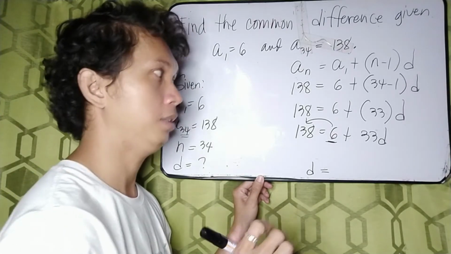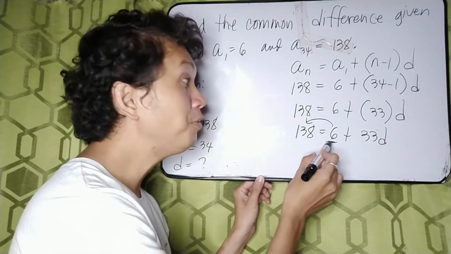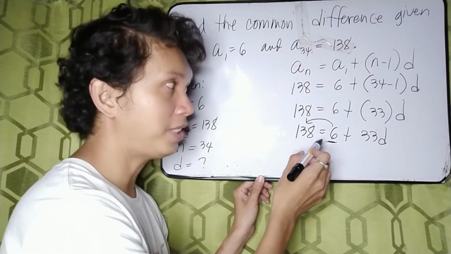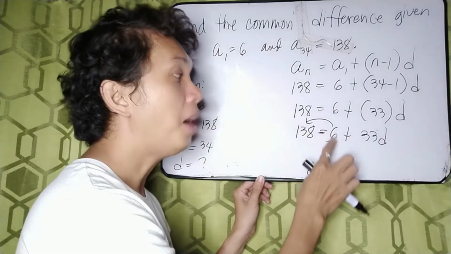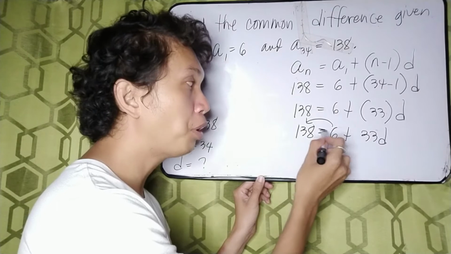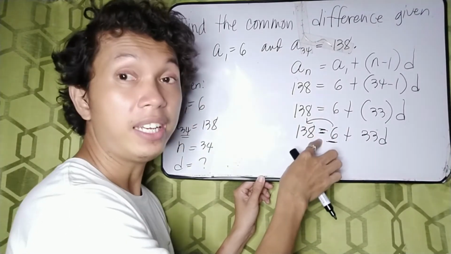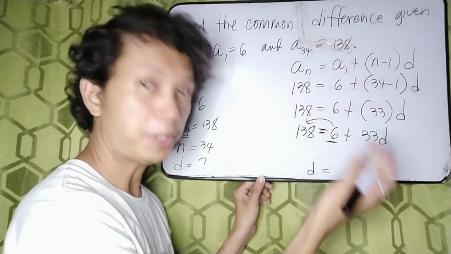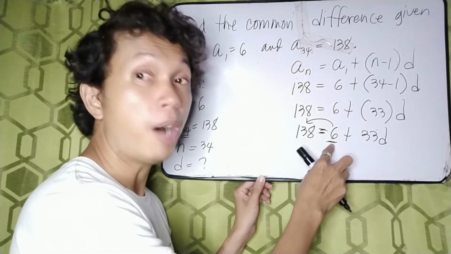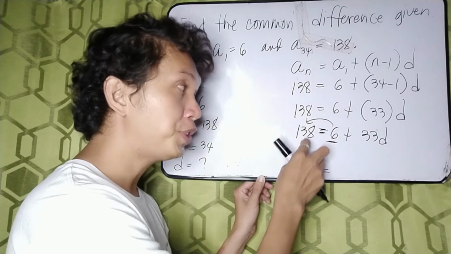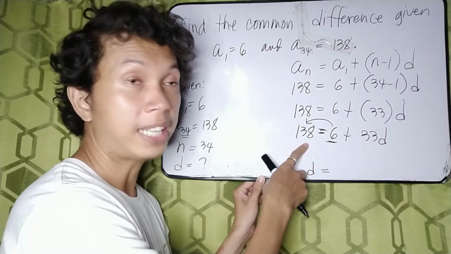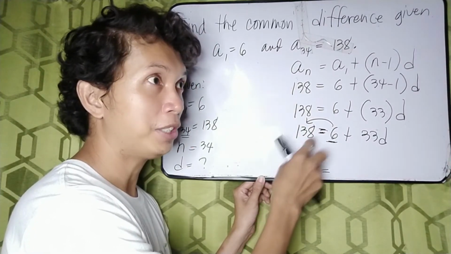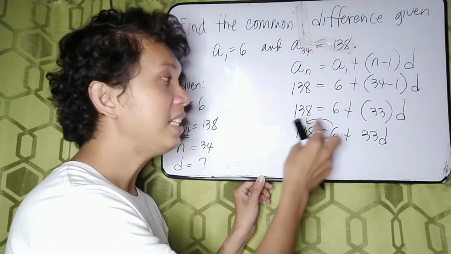Okay, so in transposing, whenever a number crosses the equal sign, its sign will be changed to the opposite. So since 6 is positive, as it moves to the other side of the equal sign, it becomes negative because the opposite of positive is negative.